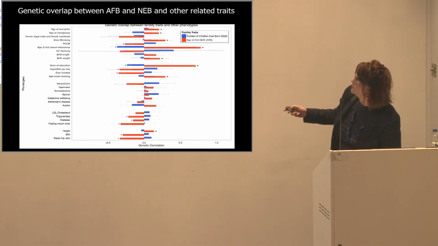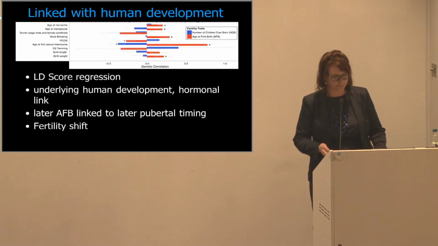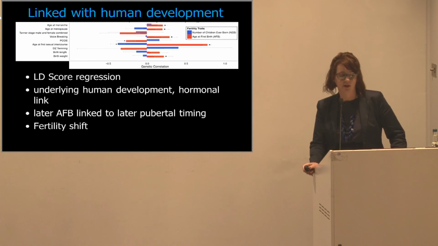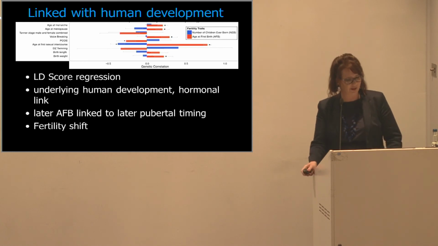So this looks at age at menopause. We can see that there's a relationship, and I'll talk about that in a moment, but we can go down to some psychological or psychiatric traits, height, BMI, different factors. What we found, and I'll just zero in on this, is there was a link with human development, and that's why I was really interested in the talks, there were so many similarities with them.